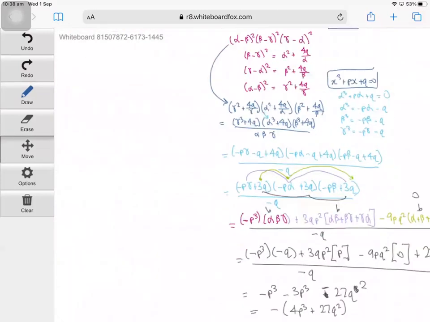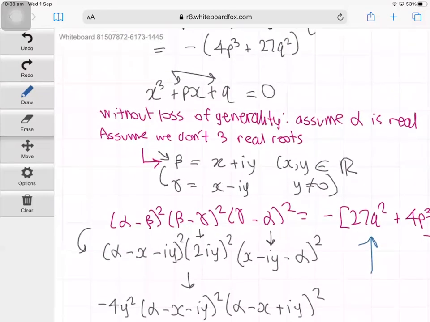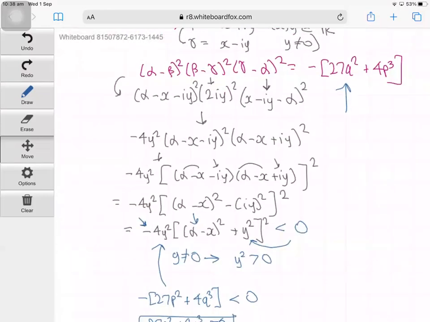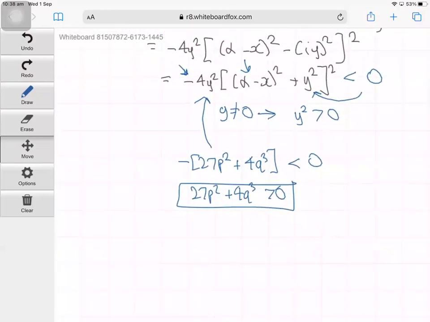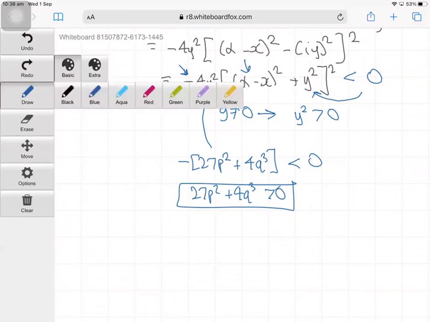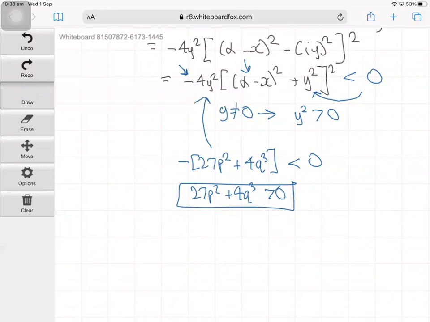However, when we assumed we don't have 3 real roots, we got that 27q squared plus 4p cubed is greater than 0. This is in fact a contradiction, and it actually means all the roots are real. So all 3 roots actually have to be real.